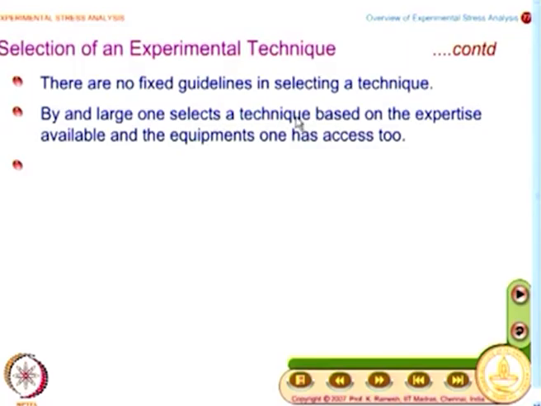You will select a technique based on the expertise available and the equipment one has access to. So, this also indirectly dictates. You may have several techniques that are suitable for a given problem at hand, but you would definitely choose those techniques that you have access to, and for which you also have personnel trained in employing those techniques.